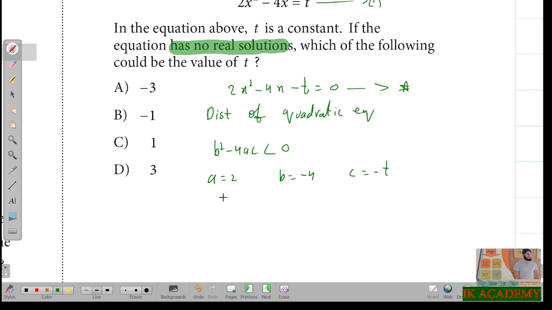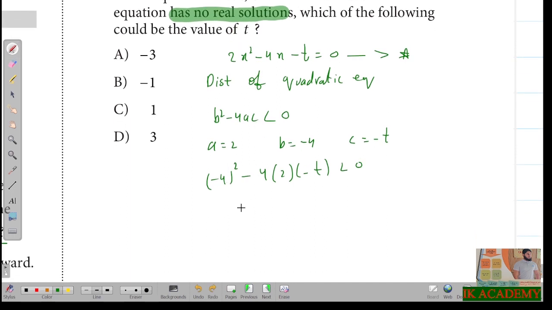Put the values in the discriminant. So b square is minus 4 square, minus 4, a is equal to 2 and c is equal to minus t. It must be less than 0 because we need to find the value of t. So minus 4 square is equal to 16.